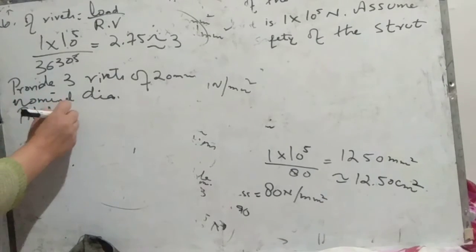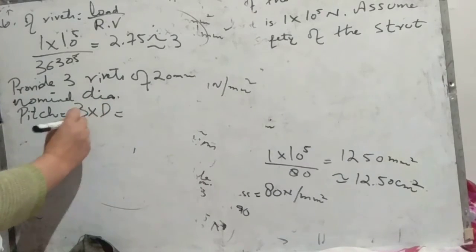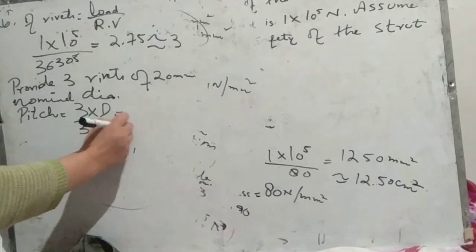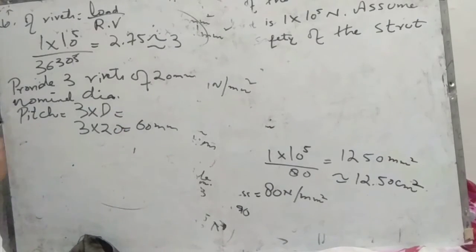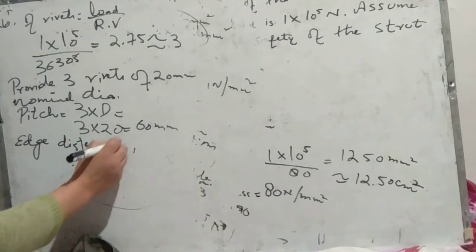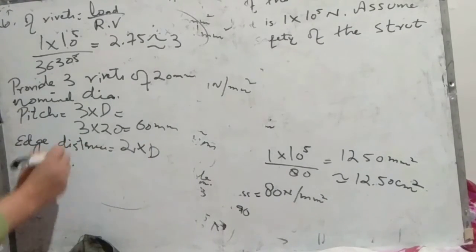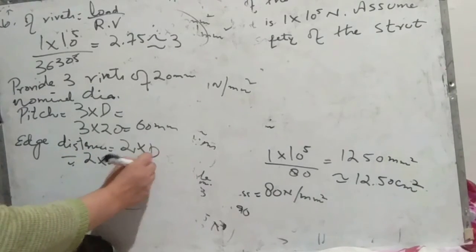For pitch you have the formula 3 into nominal diameter, that will come out as 3 into 20 is equal to 60 mm. And for edge distance, it will be 2 into nominal dia, that is 2 into 20 is equal to 40 mm.